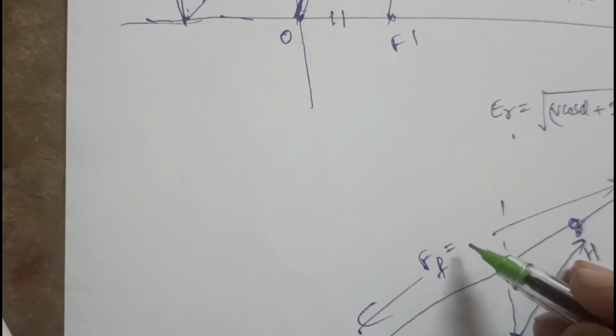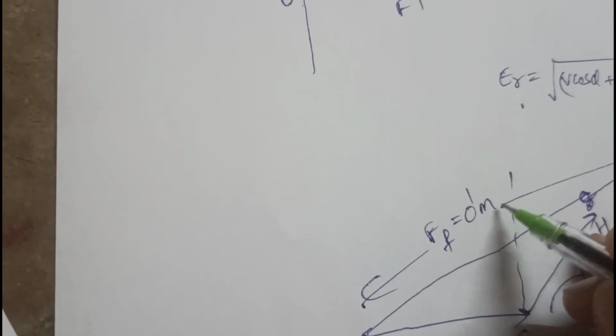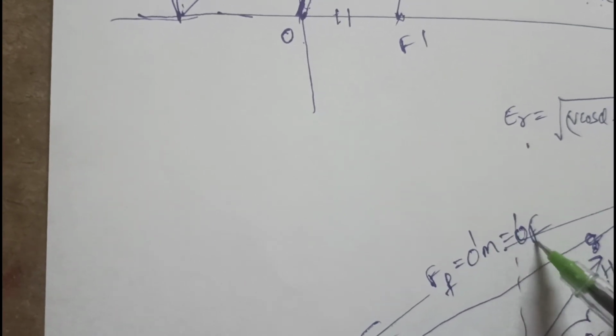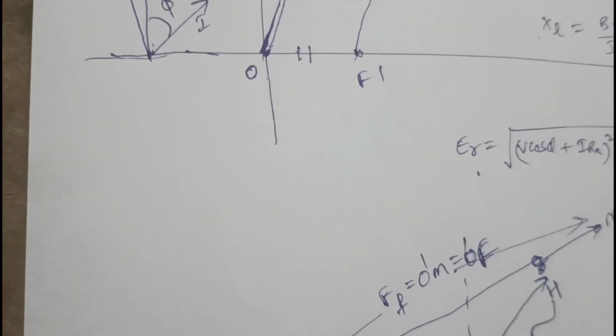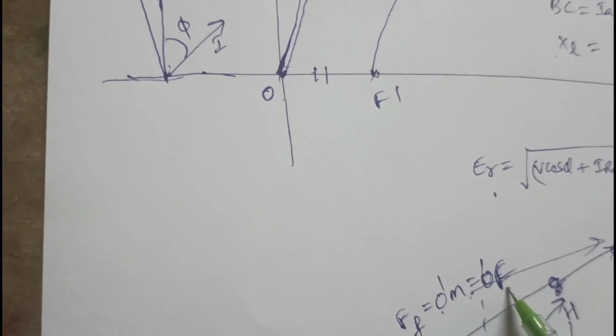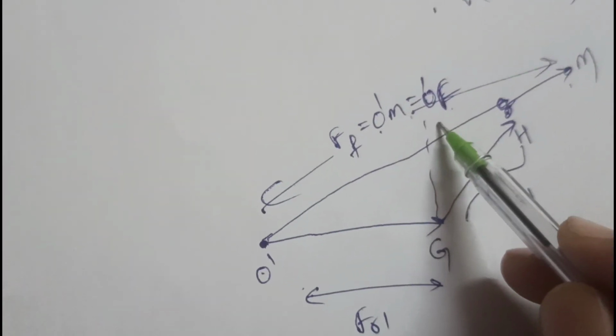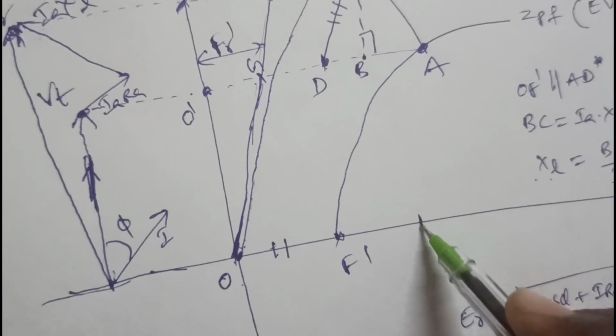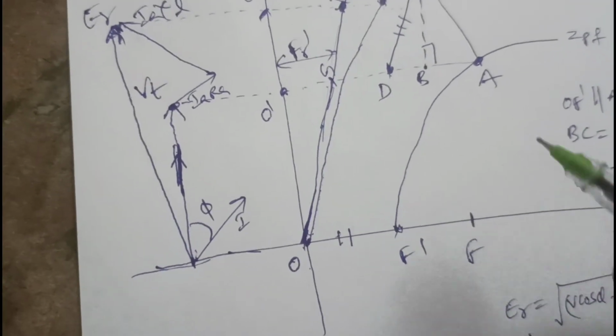This is also called O dash M, or we take FM. We take the OF point, so O dash M is equal to this OF. From this vector diagram, OF indicates the F point.